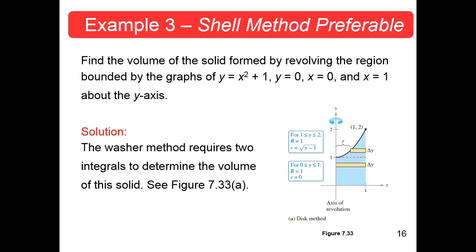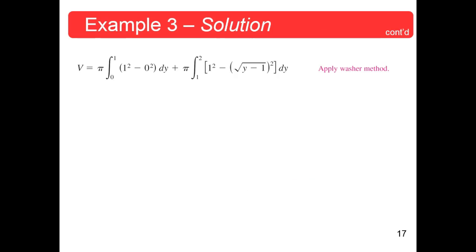So it's not an impossible or terrible integration to do. It's just you have two of them to do. You have to change the variable from y as a function of x to x as a function of y. It's doable, but a little more involved. So that's certainly one way to do it.